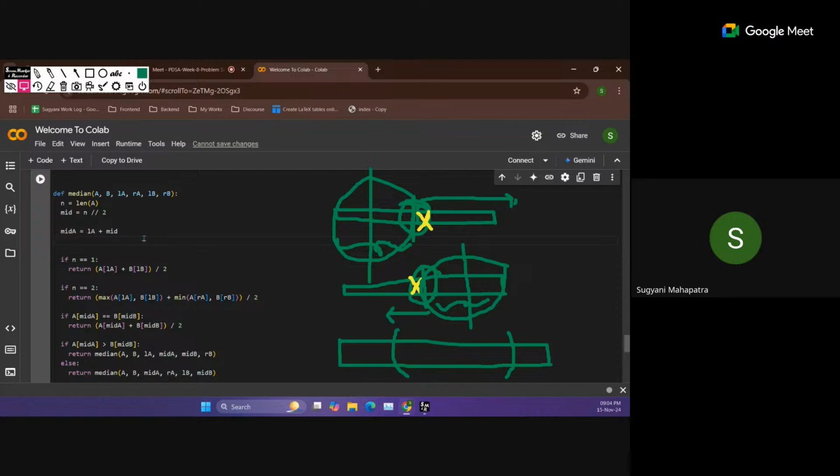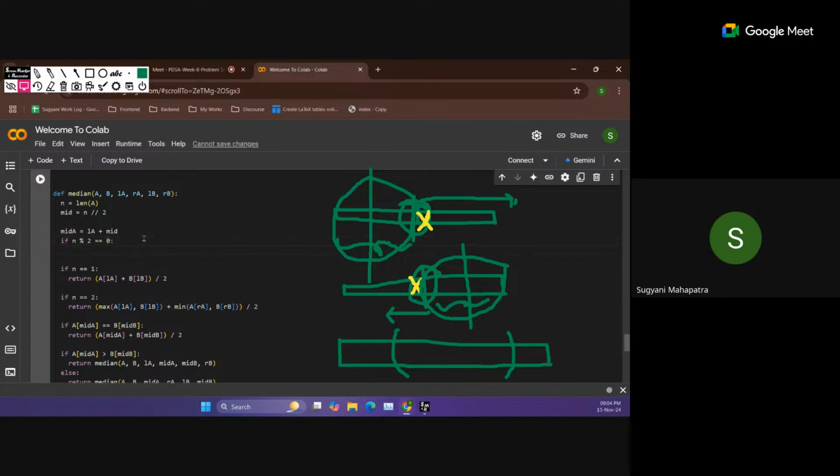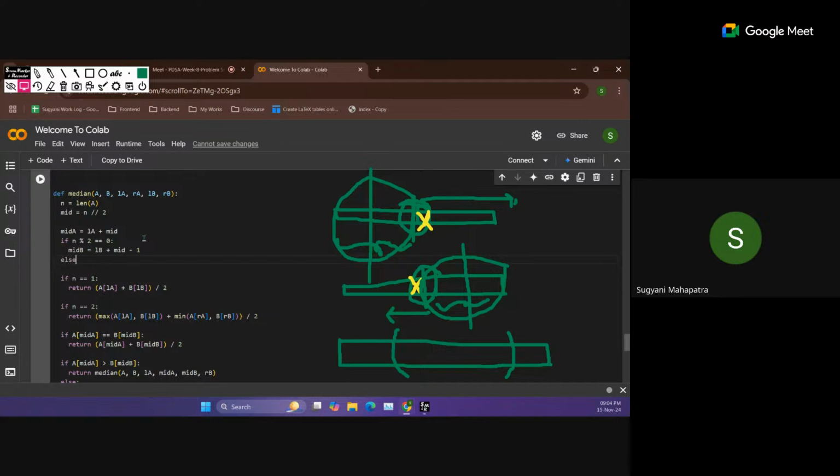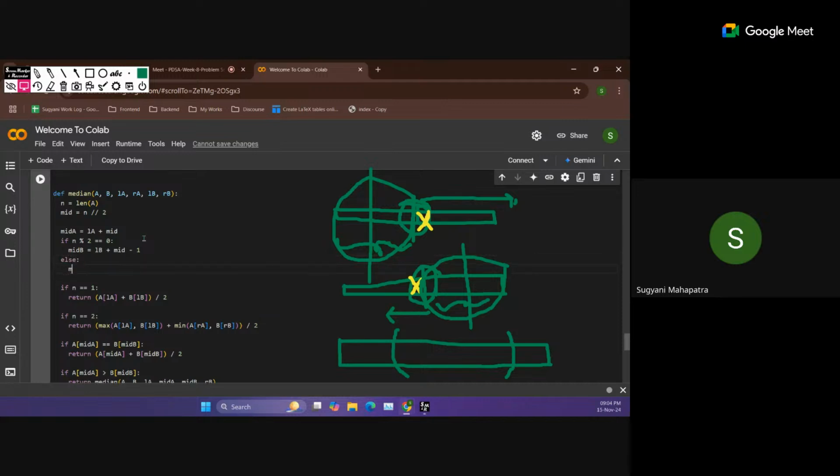And for mid of B, if n is even, then mid of B is equal to left of B plus the middle element minus 1, else mid of B is equal to left of B plus the middle element.